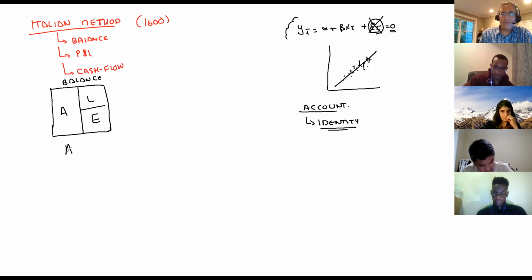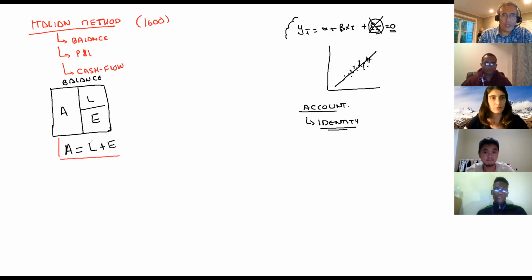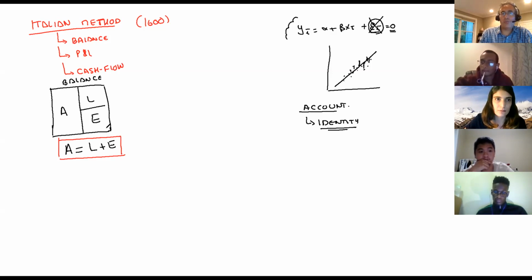My assets must be equal to my liabilities plus my equity. Yes or not? Okay, so this is what these Italians discovered. And just by this discovery here, they created this method. And we're going to use exactly this identity to create this method and then create everything from there. Make sense to you?